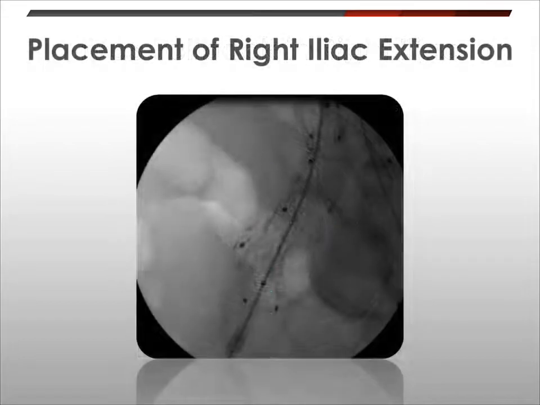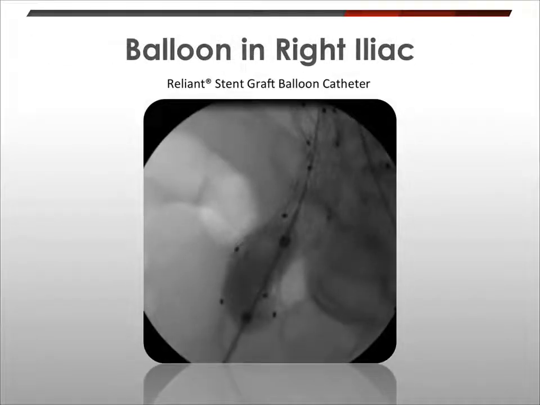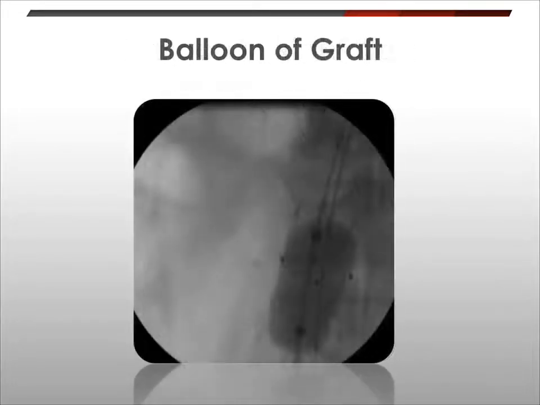The next slide shows the iliac limb extension after it's been placed, and shows the ballooning in the next slide. And using the Reliant balloon throughout the rest of the graft in the next slide.